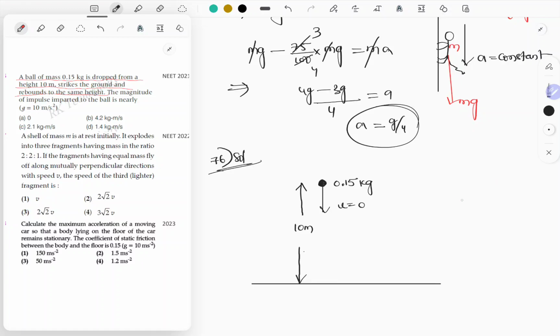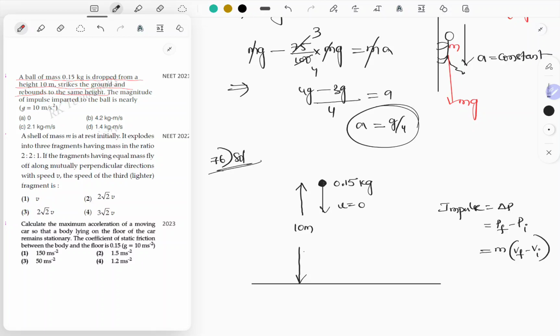What's the question they're asking? The magnitude of impulse. What is the formula for impulse? Impulse is nothing but change in momentum, which is final momentum minus initial momentum. Momentum is mass into velocity. So mass into (final velocity minus initial velocity).